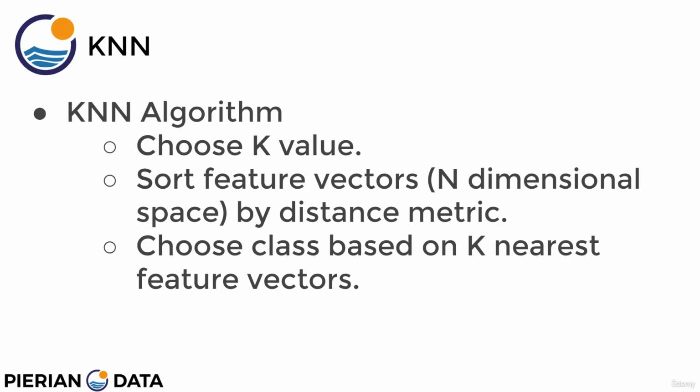Something to note here is that this actual time to label a new point requires you to sort all the points all over again based off the distance to the new incoming point. So in theory, this could take a while depending on how fast the computer is and how many points you actually have. But then, once you've sorted the feature vectors by a distance metric to the new incoming point, you'll simply choose the class based off the k nearest feature vectors and the votes tallied up per class.